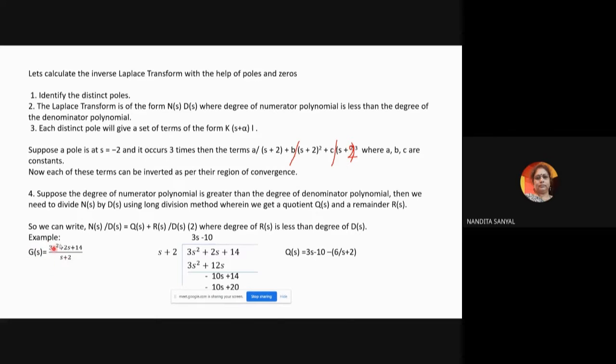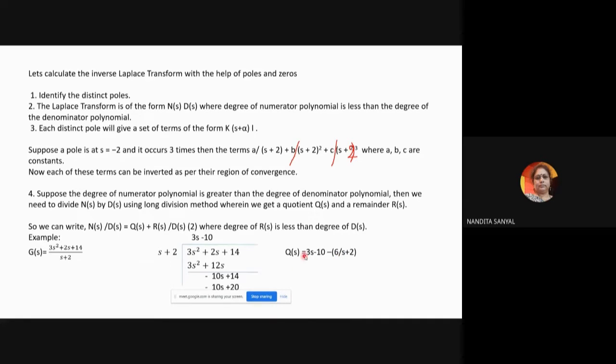Suppose the numerator polynomial is of order 2 and the denominator polynomial is of order 1. We divide the numerator polynomial 3s square plus 2s plus 14 by the denominator polynomial s plus 2. After this long division, we will get the quotient as 3s minus 10, and a remainder of minus 6.